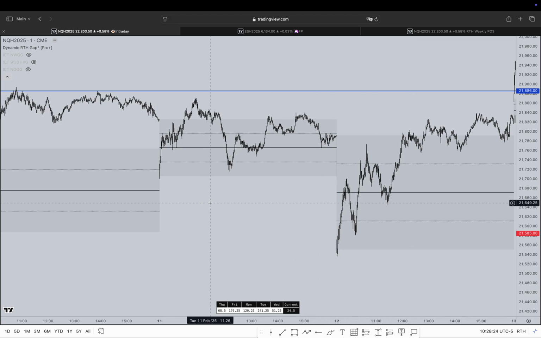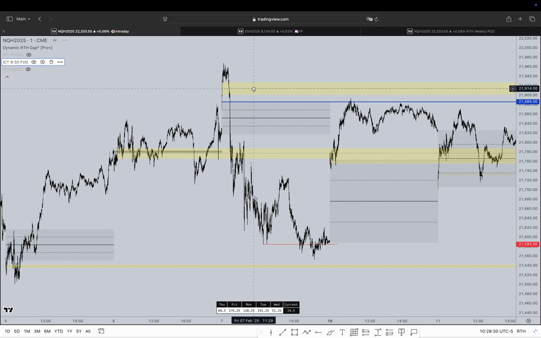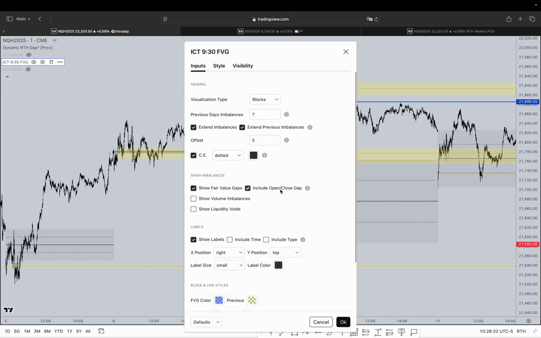That yellow box FBG from that day looks off. No, I don't know, but this indicator has the ability to include the volume imbalance of the gap. You see how it includes open close gap?